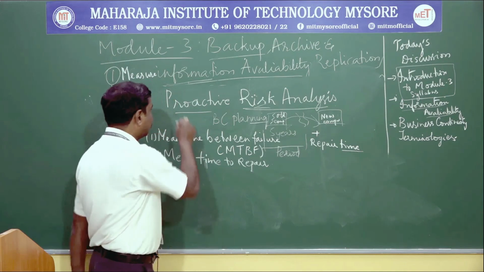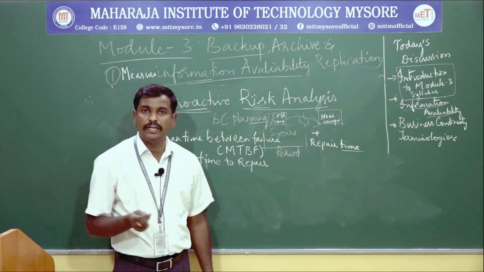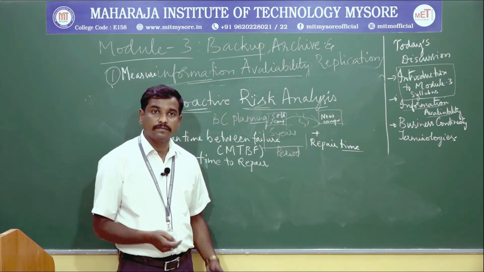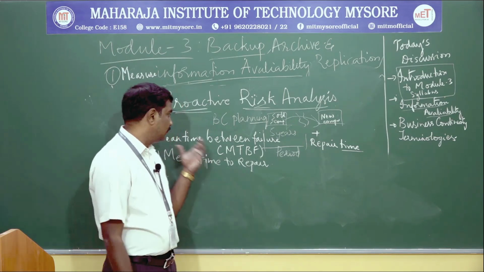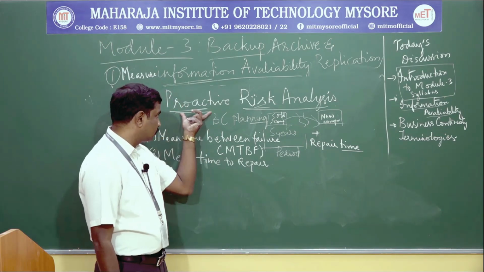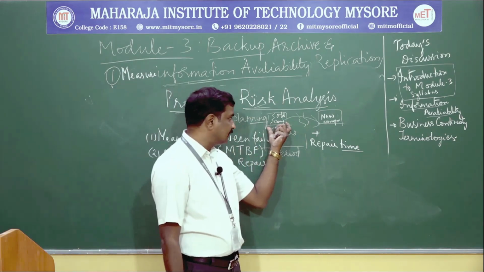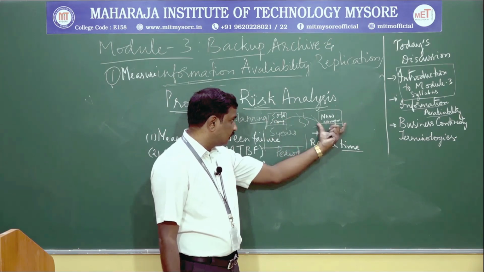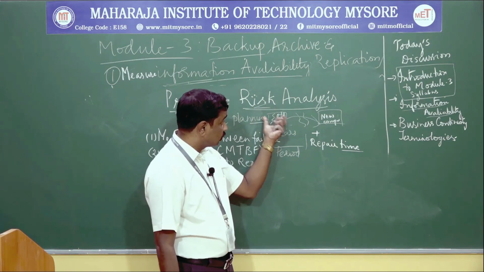Why is it called proactive? Before the fault occurs, we need to know when actually the faults will occur. So, as I was saying, we are measuring the proactive risk analysis by replacing the faulted components with new components and the time taken to repair the old components.